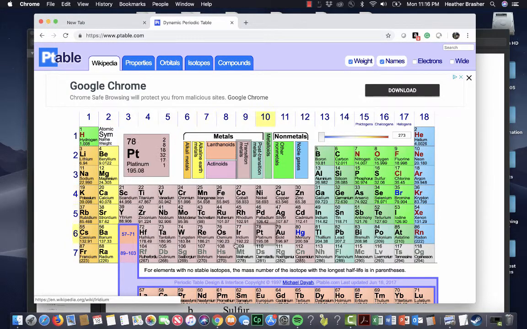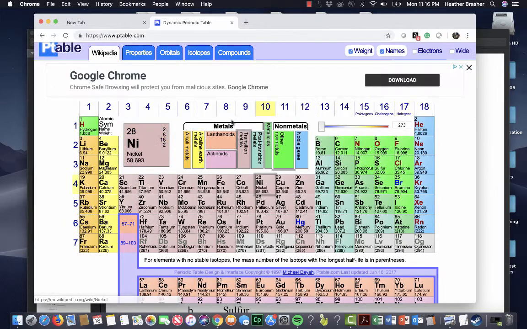Here, you're looking at the transition metals. Here, post-transition metals, here, metalloids. Non-metals are these green. Noble gases are over here. They're basically showing you the difference between metals and non-metals, and these are metalloids here. So this is kind of a helpful thing.